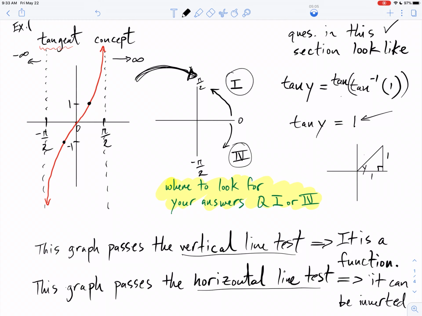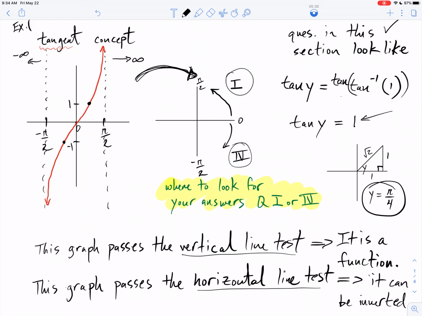And I don't have to do the Pythagorean theorem to figure this out, because what is angle y? Well, y would be a 45-degree angle. Now, here's the thing. Be careful in this section of the book. The very first part of the problems, they're going to ask you to write all of your answers using radians. So the answer they want is y equals pi over 4.